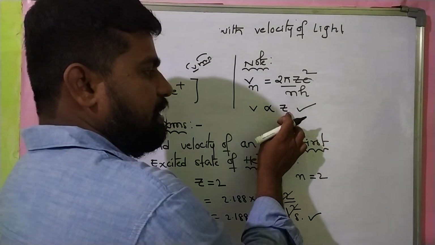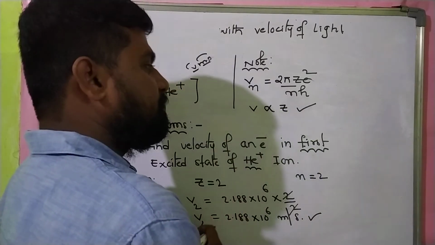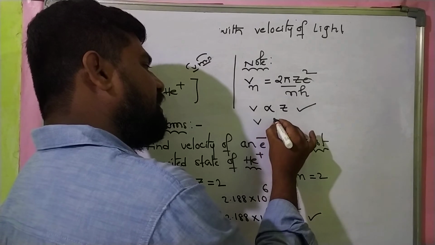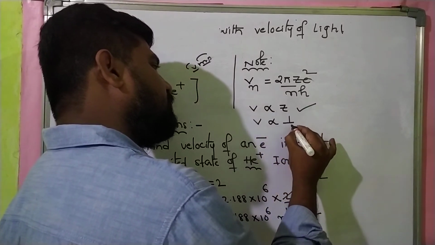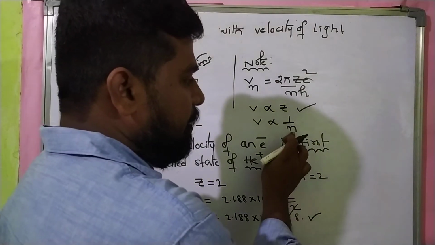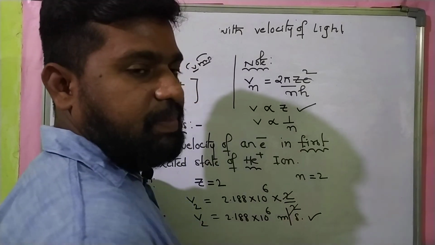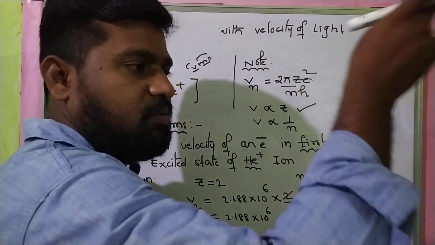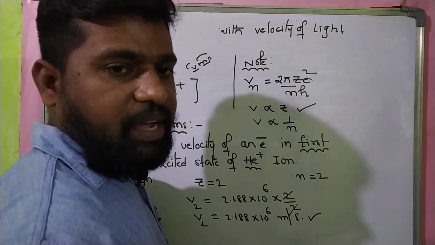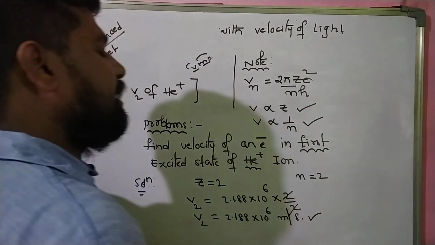As the atomic number increases, the velocity of the electron in a particular orbit also increases. And the velocity of the electron is inversely proportional to N, the orbit number or shell number. Orbits are the circular paths around the nucleus in which the electrons revolve.